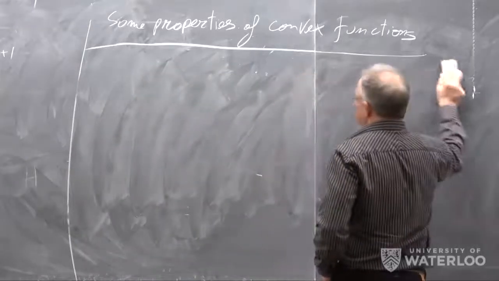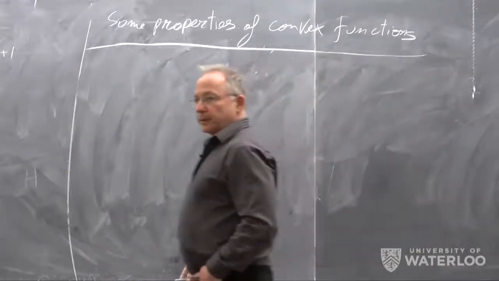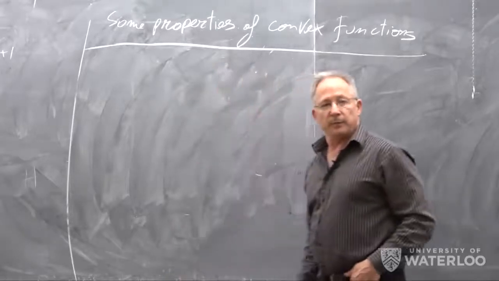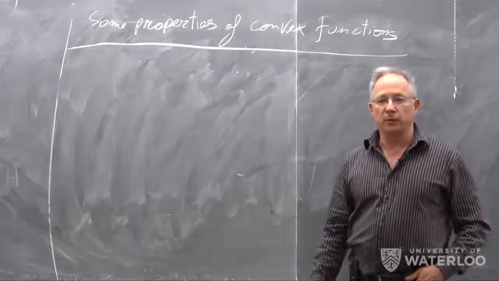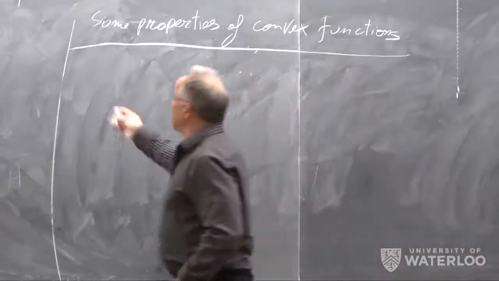But now let me try to make this property precise. So I have to define what a local minimum is, and then I want to show you that convex functions do not suffer from this issue. Okay? So we have a definition here.